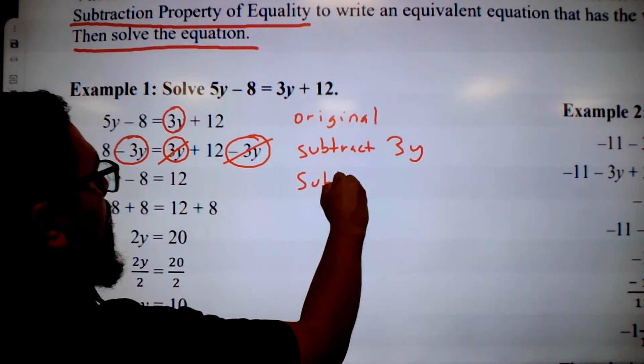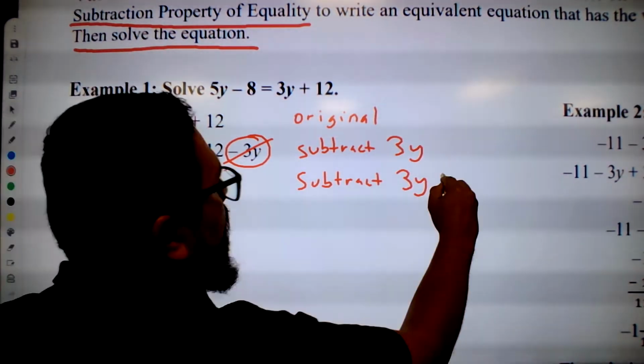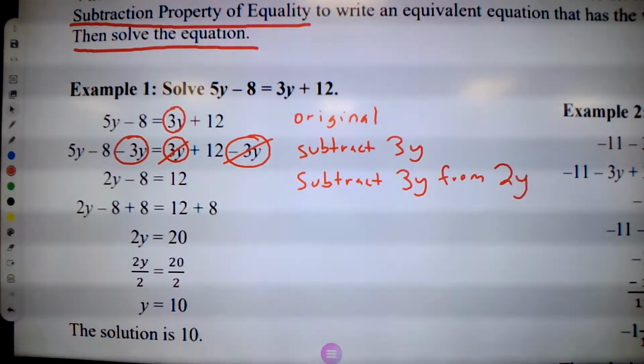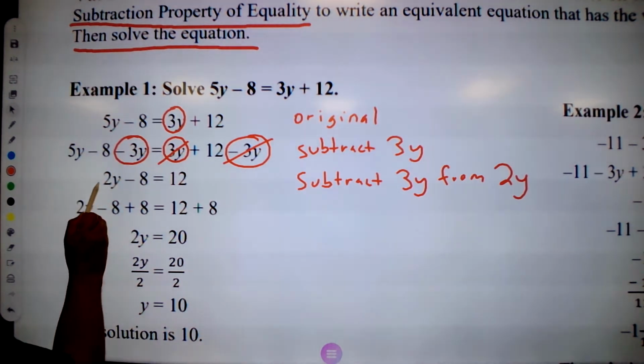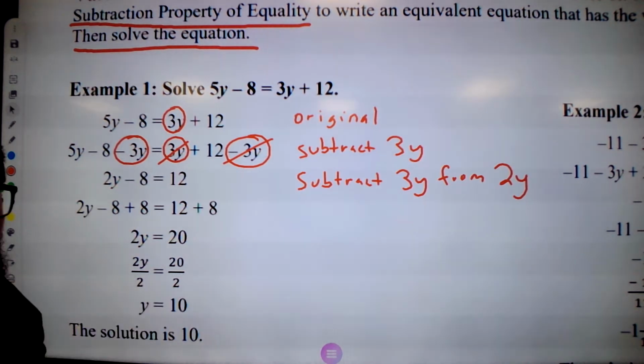Subtract 3y from 5y; that's what they did there. You see that right here? So 5y minus 3y is 2y. Then they brought it down. Now it looks like it's a two-step equation.